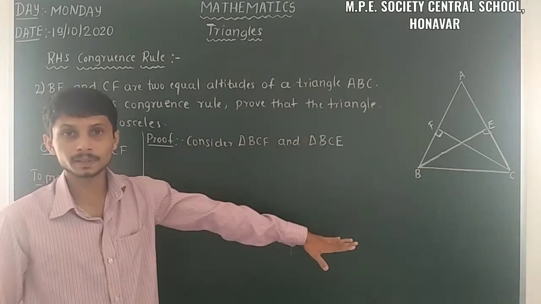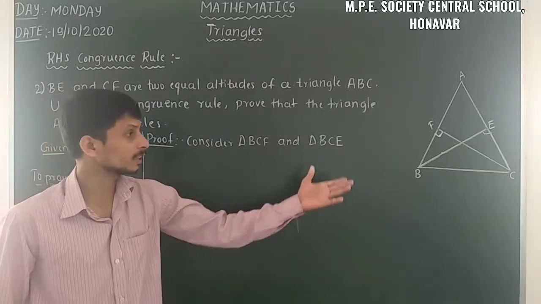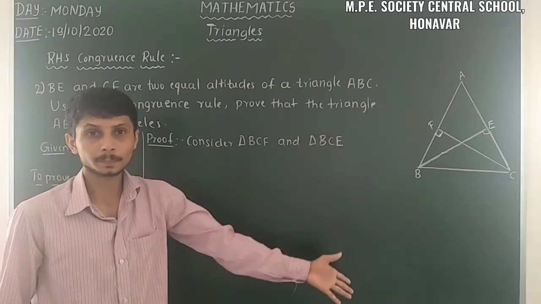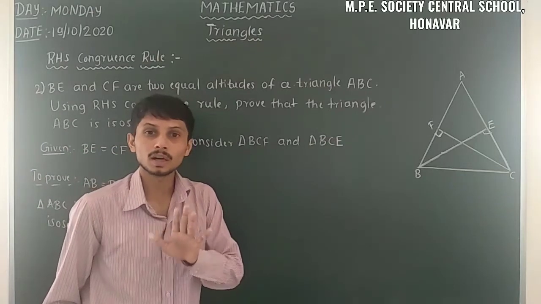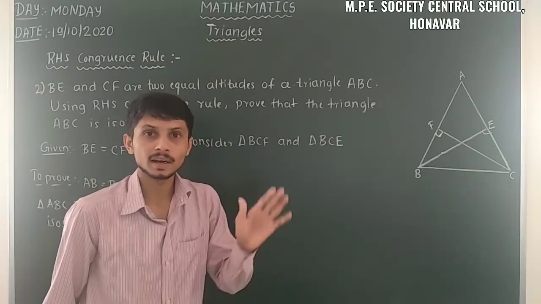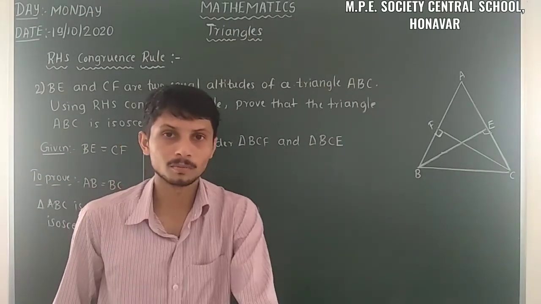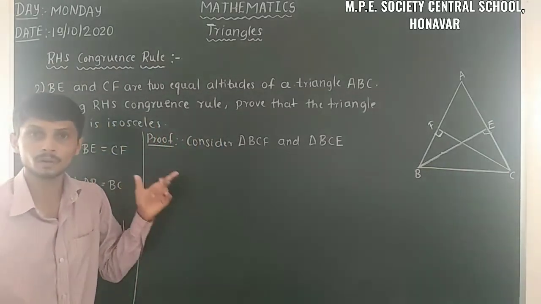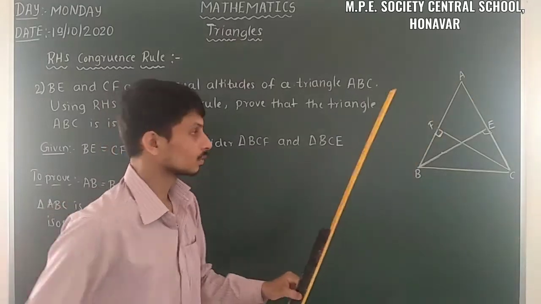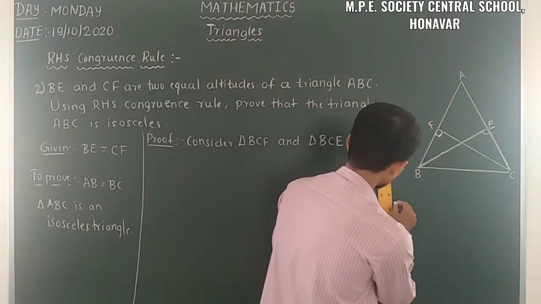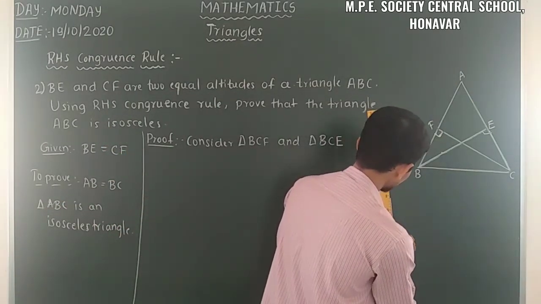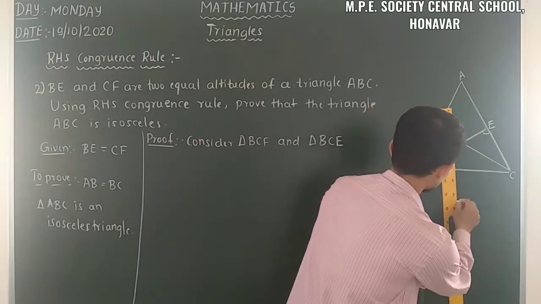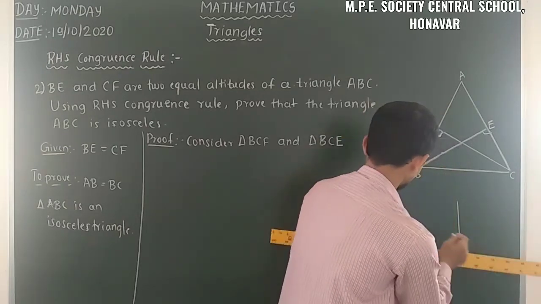You can separate them out if it is difficult for you. Be careful about what the hypotenuse side is, what the right angle triangle form is, and what the given conditions are. So here we have to be aware of that. So let us take those two triangles as right angle triangles.